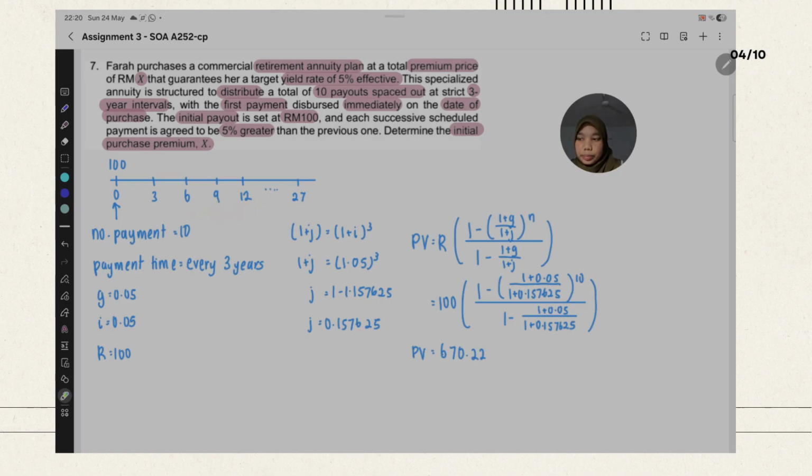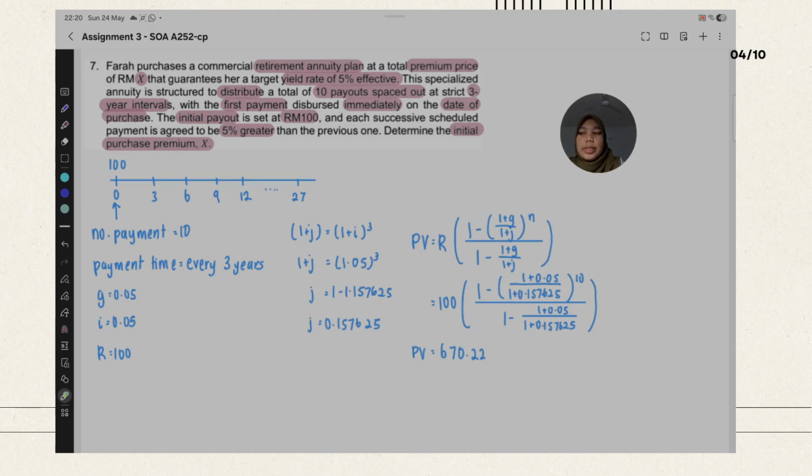And then we do this until the final payment at year 27. That will be 100 times 1.05 to the power of 9.